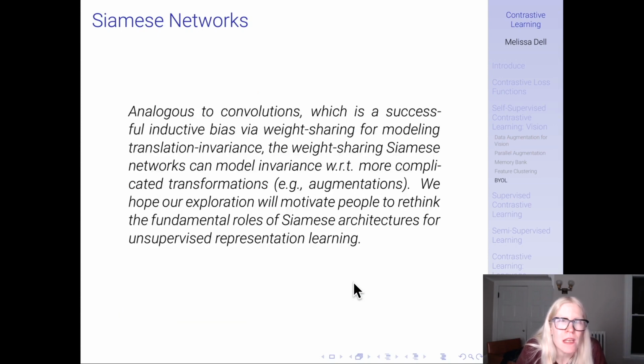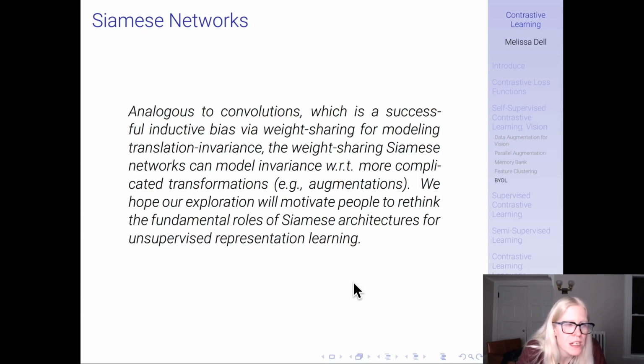Okay, and there's this really great quote in the Chen and He paper that says, analogous to convolutions, which is a successful inductive bias via weight sharing for modeling translation invariance, the weight sharing Siamese networks can model invariance with respect to more complicated transformations, like data augmentations.